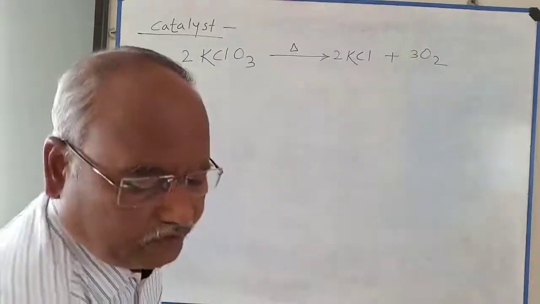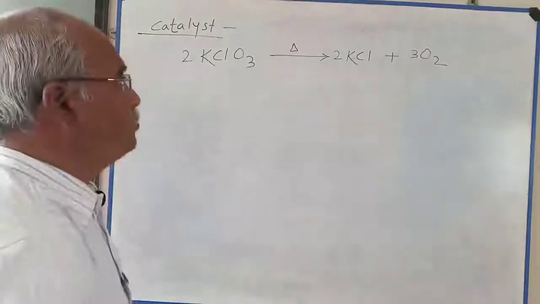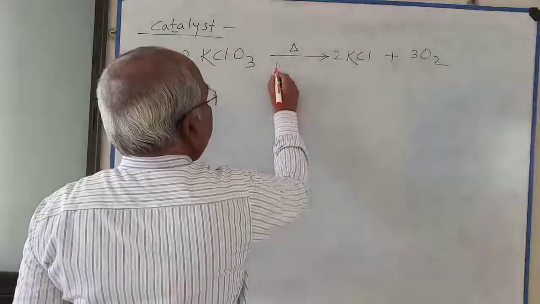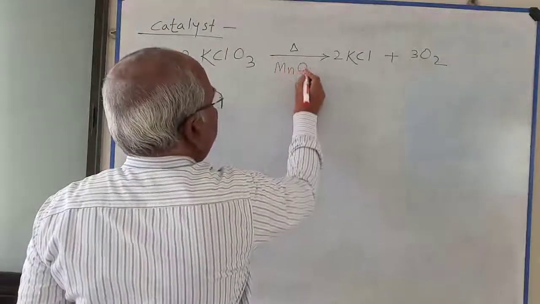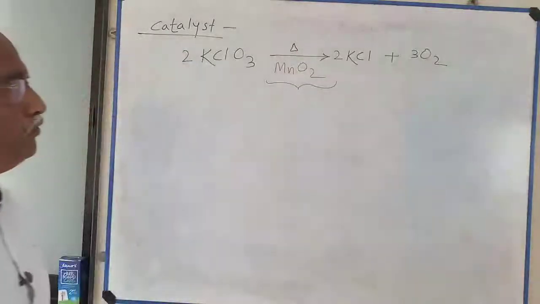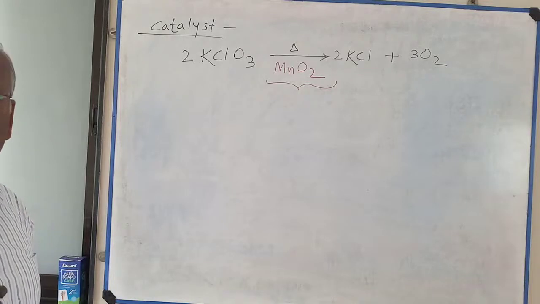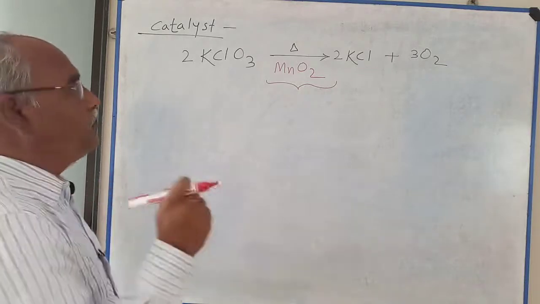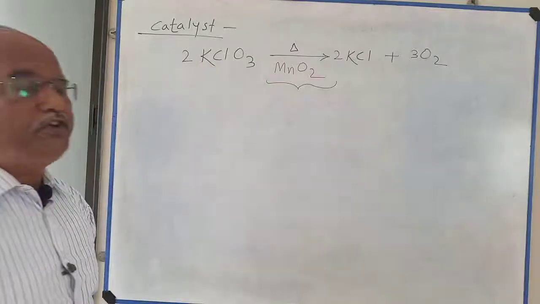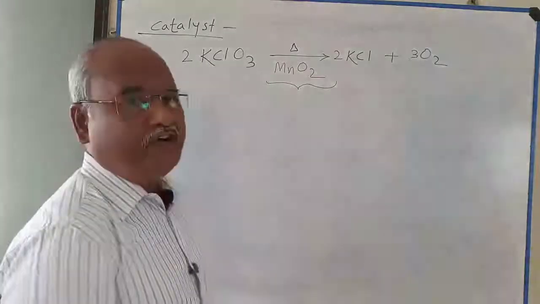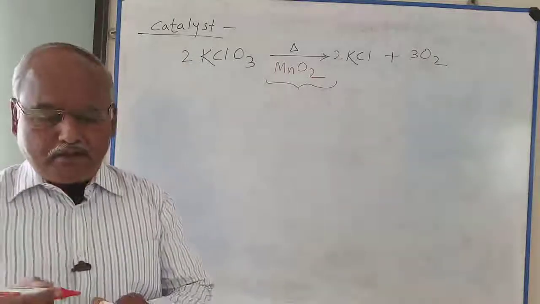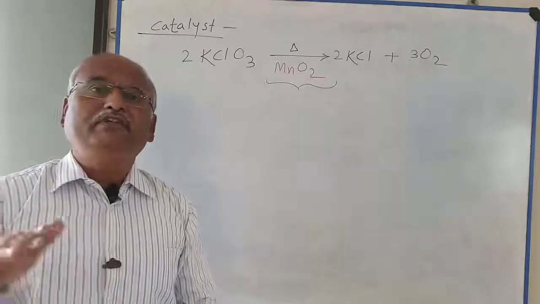Suppose the same reaction is carried out by using manganese dioxide, MnO2, which is a black powder. When we use a pinch of manganese dioxide and potassium chlorate is heated, then the reaction takes place at lower temperature and the rate of the reaction is increased.